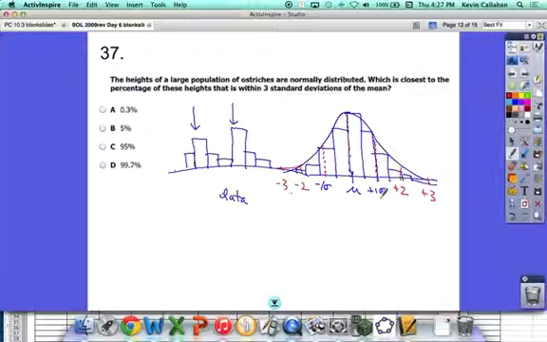We don't know what the mean height is. We don't know what the standard deviation is. The question is asking us what percent of the data would be in between -3 deviations to the left to +3 deviations to the right. Well, if you don't have data to enter into it, then the mean is 0 and the standard deviation is 1.